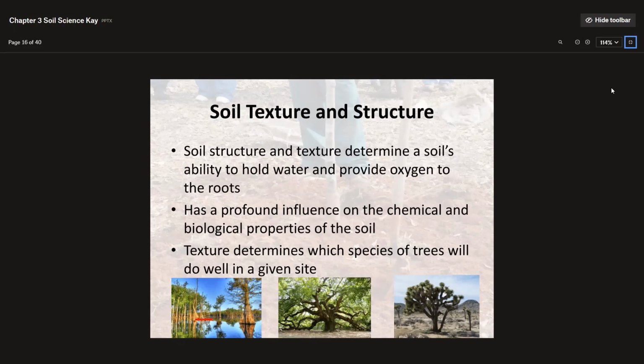So if I take this cactus palm variety on the right and try and transplant it into the swamp, it is going to die. It's not used to that texture of soil, right? Same thing for that bald cypress on the left. If I try and put it out in the desert, it's not going to survive. It's not going to know what to do with that soil texture, right? So it makes a difference, right?